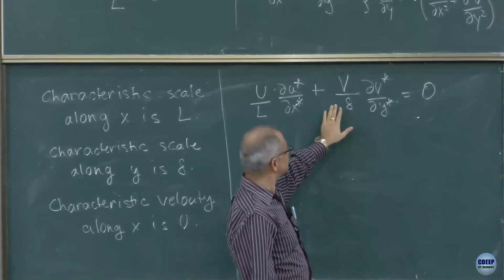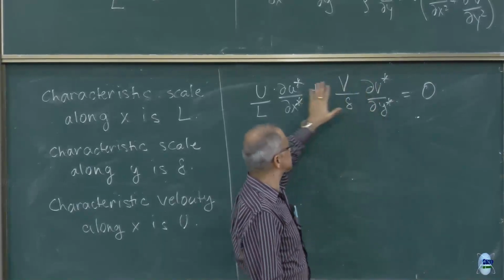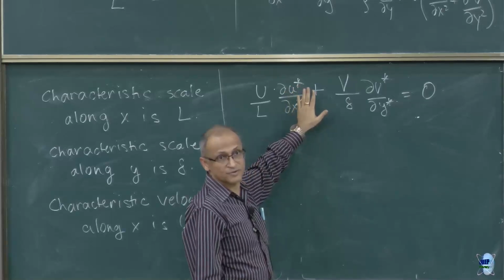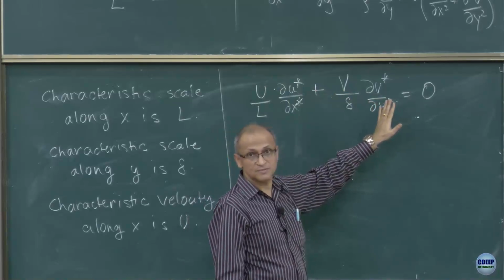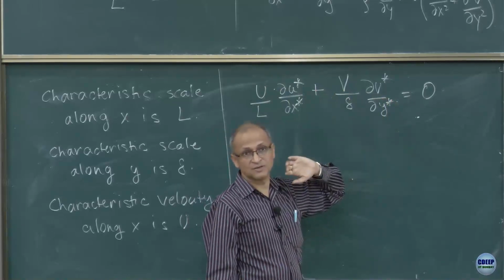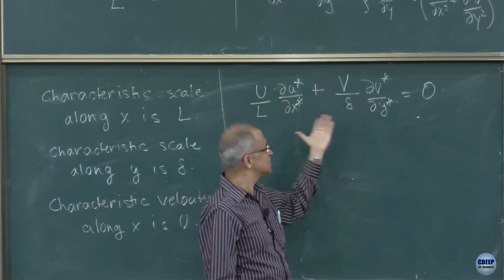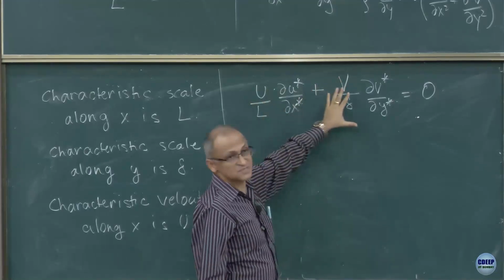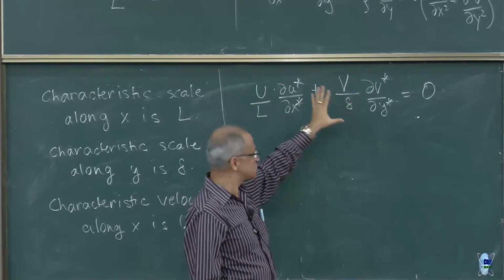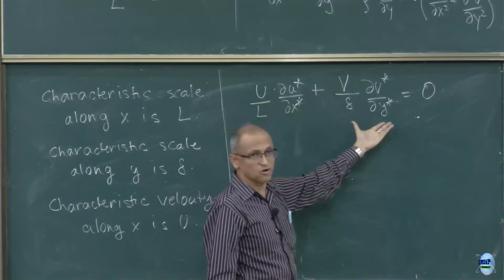Right? And that means we had already said that these two terms are of order 1, which means that the coefficients should now be equal. Why should they be equal, of the same order? They may not be equal in some sense, but of course this is all order of magnitude.